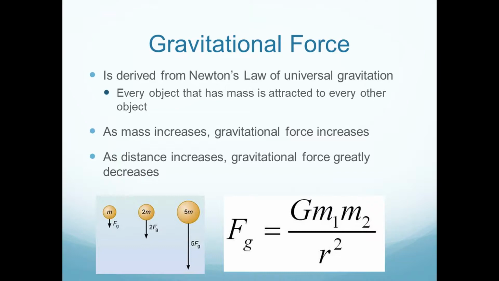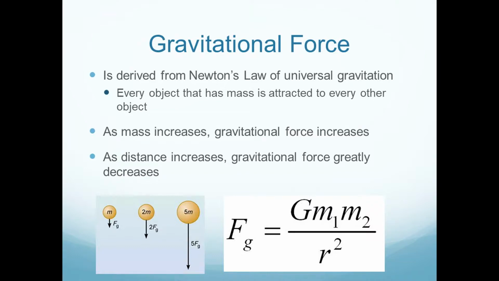So you can see the image on the left hand side where you have different size masses, and it depends on how far away that large mass is to an object. That's how much gravitational force it will have. When you look at the equation on the right hand side, you can see that the distance, which is r squared, is on the bottom. So when that's on the bottom, that means if you are really far away, you're going to have less of an impact than if you are closer to the object.